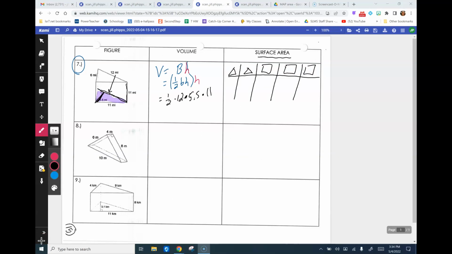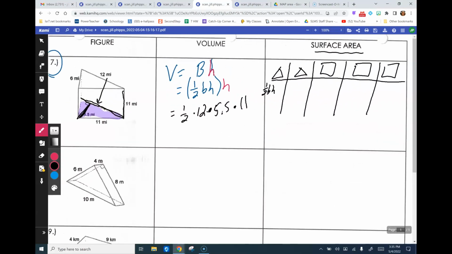Now what we're going to do is we're going to go through and find this information because this is surface area. So we have to find the area of this base. Okay, so the area of this base is going to be 1/2 base times height. So I'm going to have 1/2 times the base, which we already know is 12, times the height, which is 5.5.